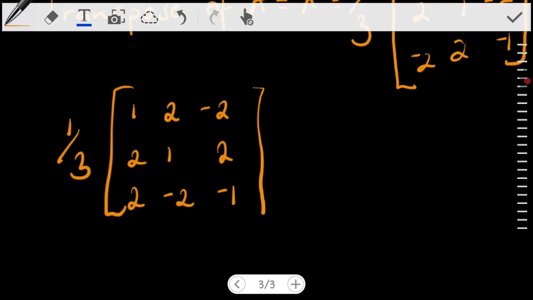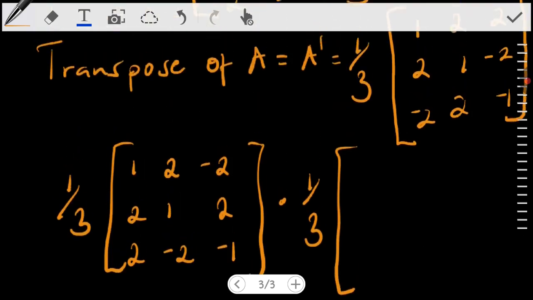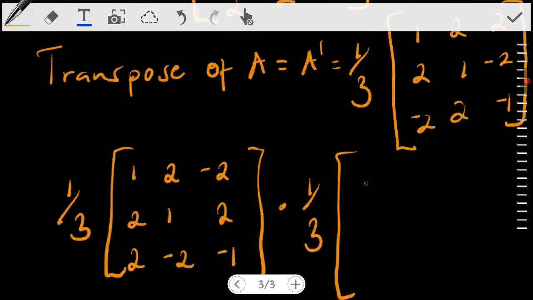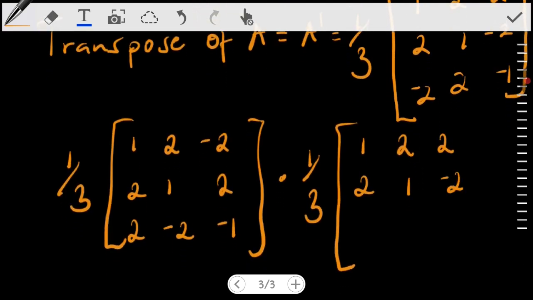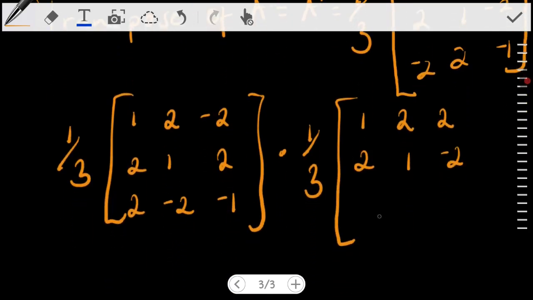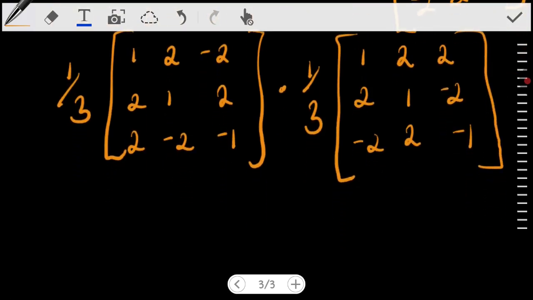Now we are multiplying it by the transpose, where the scalar also comes back. Our transpose was 1, 2, 2, then 2, 1, negative 2, then negative 2, 2, negative 1. When we multiply these, we have to come back with an identity matrix.